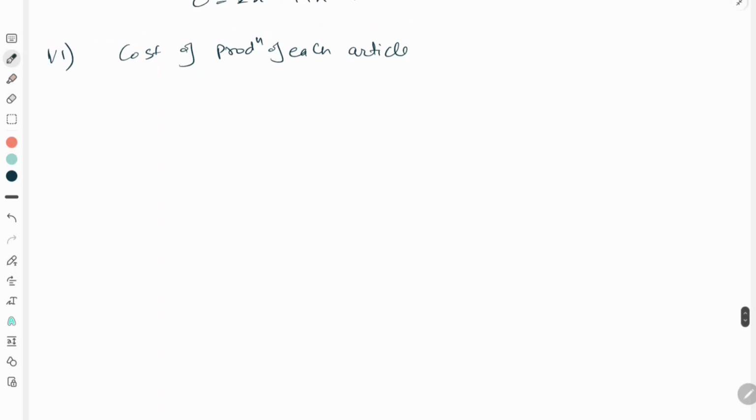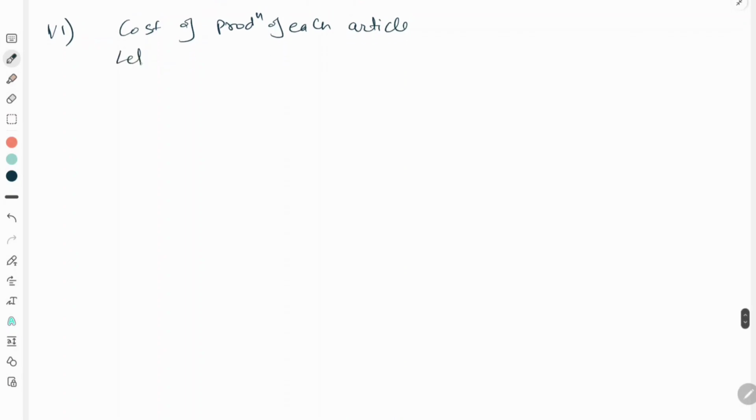So let the number of articles produced equal x.